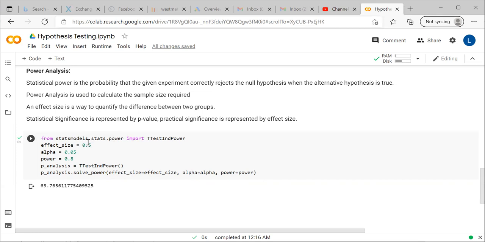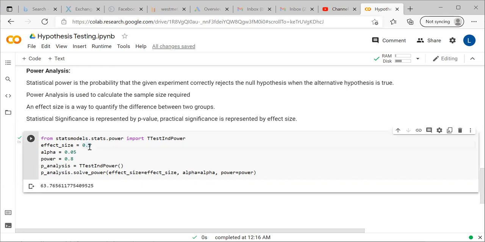If you want to have a considerable difference between two groups, which is your sample and population, then you can consider in general 0.8. If you keep it as 0.2, then you want to keep the sample and the population as close as possible, the difference as minimum as possible.